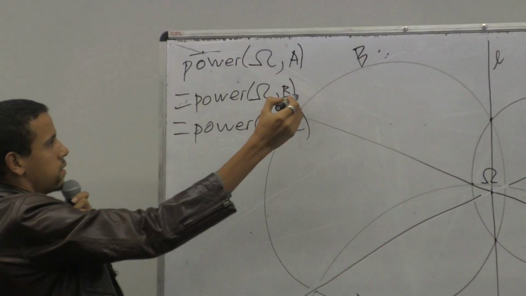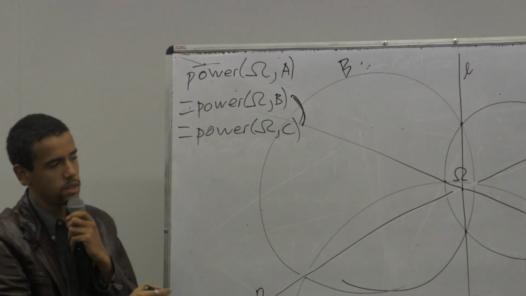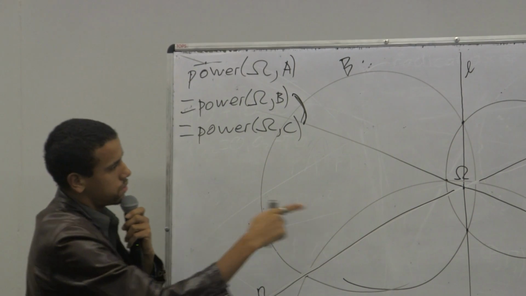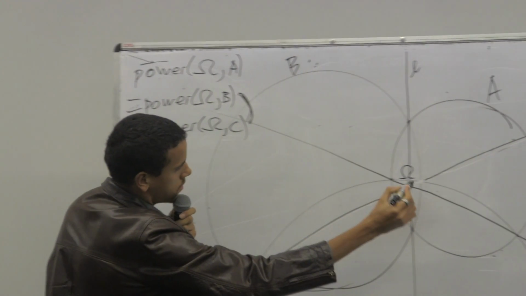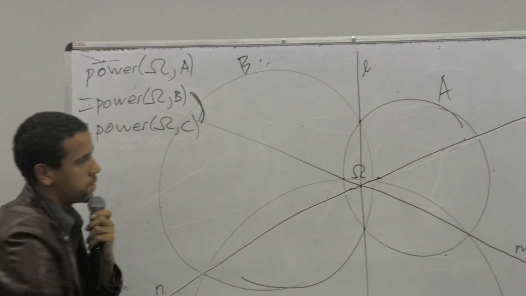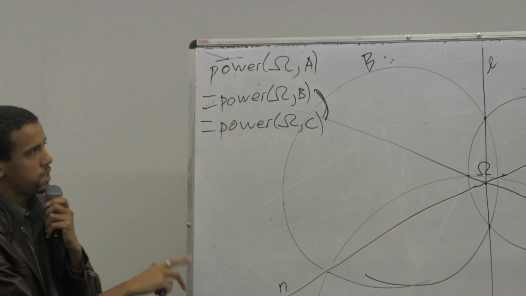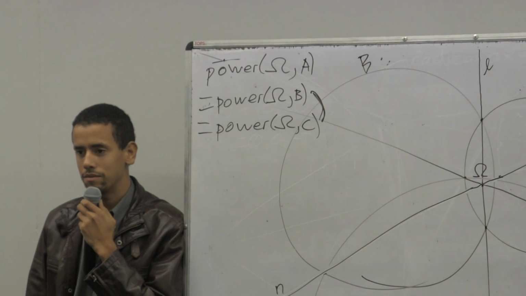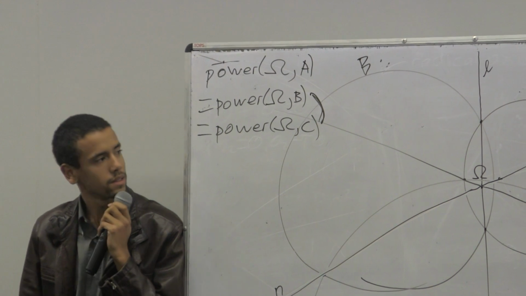So therefore, these two are equal, so omega must lie on this line, which is the radical axis of B and C. Cool.